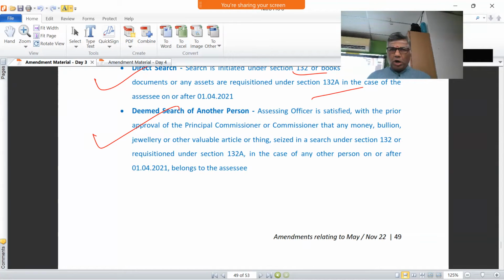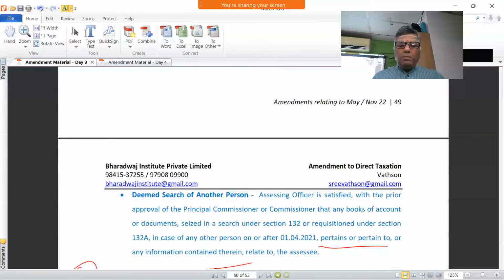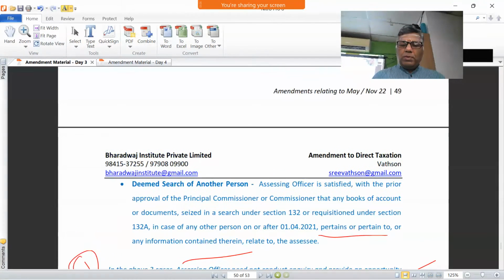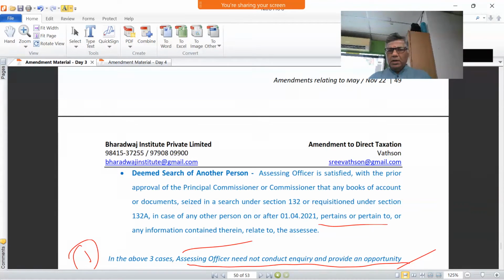I told you what is deemed search. Search of another person, because the books of accounts or documents pertain to that person. Then it is a case of deemed search. In the case of search or deemed search, show cause notice need not be given.